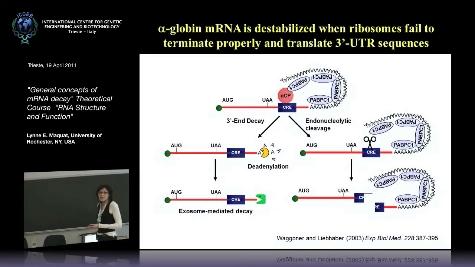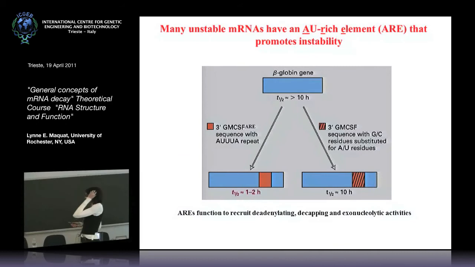So there's an example of a stabilizing element in the 3' UTR that, if removed by ribosomes that translate into the 3' UTR, destabilizes the mRNA. Another example of a destabilizing element in the 3' UTR that's been very well studied and does not appear to depend upon mRNA translation is the AU-rich element that typifies a lot of cytokine, lymphokine, and other growth factor mRNAs.